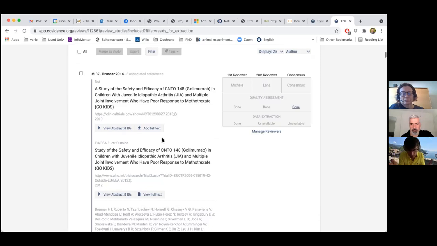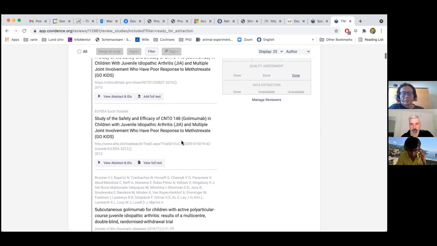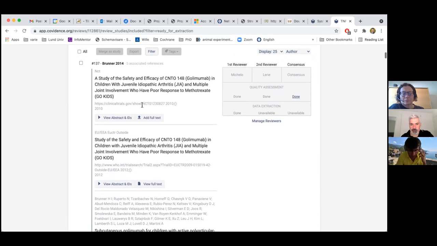So that's why we need to check, unfortunately for us, because it takes some time, but we need to check each of them. And here it's easy because this is not clinicaltrials.gov, so it's just the registration of the trial. So we don't have a full text, but we need to go here, copy and paste in a new tab, and then read what is written there. So it's not a PDF, but we need to check what they wrote there.